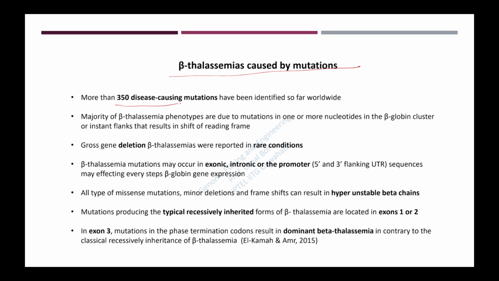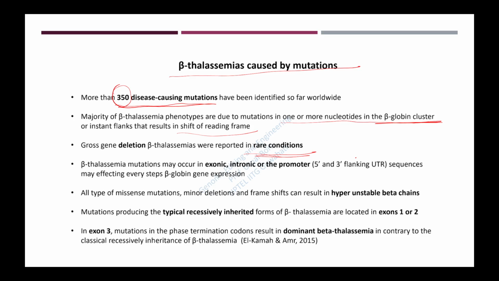More than 350 disease-causing mutations have been identified so far worldwide. The majority of beta thalassemia phenotypes are due to mutation in one or more nucleotides in the beta globin cluster or its flanks that result in a shift of the reading frame. Gross gene deletion beta thalassemias were reported in rare conditions. For example, as we have read, the alpha 0 mutation is a deletion of the entire alpha gene.